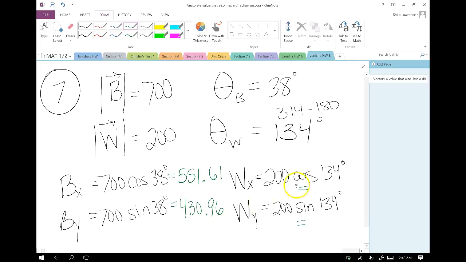So it makes perfect sense for the x to come out negative when you've got an angle in quadrant 2. This is negative 138.93. And if we do the same thing but with sine for the y, I get 143.87.